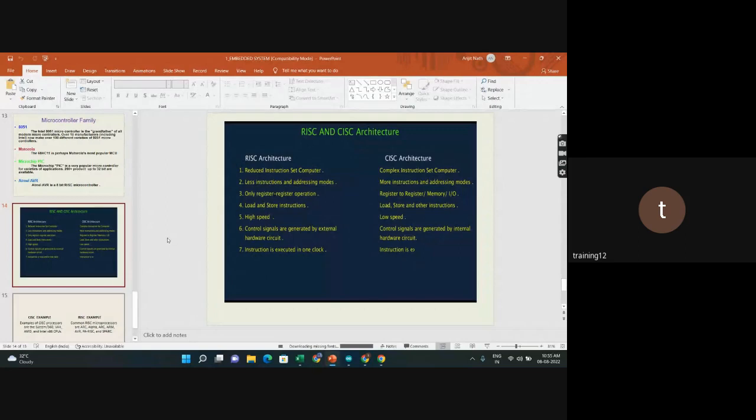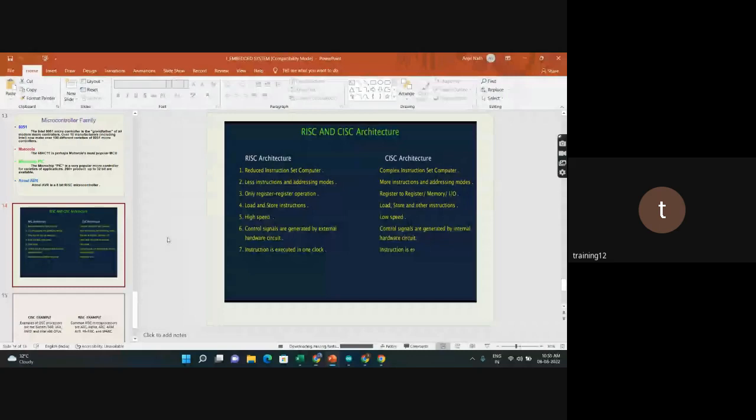What is RISC and what is CISC? First of all, RISC stands for Reduced Instruction Set Computer. It is a microprocessor designed to perform a smaller number of types of computer instructions so that it can operate at a higher speed.